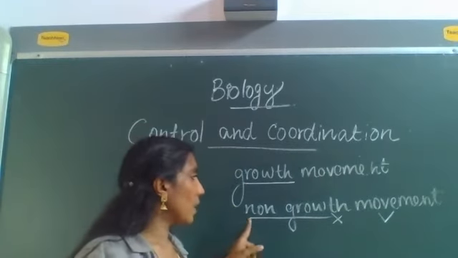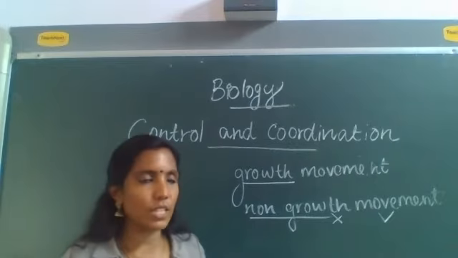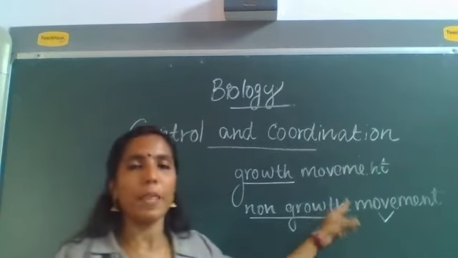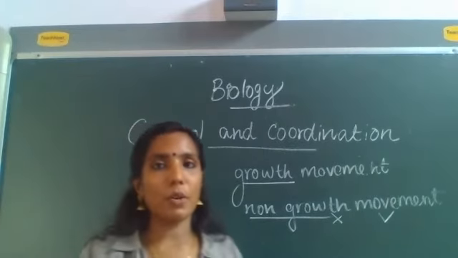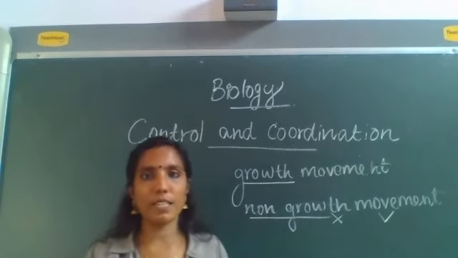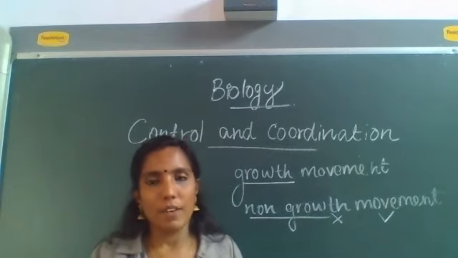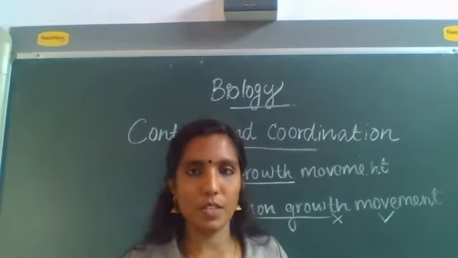Coming to the next one, non-growth movement. What is that? In which growth is not happening, only movement is happening. For example, in plants, do you remember the touch-me-not plant we discussed in this lesson? What is its speciality? When we touch any part of the plant, the leaves go down.